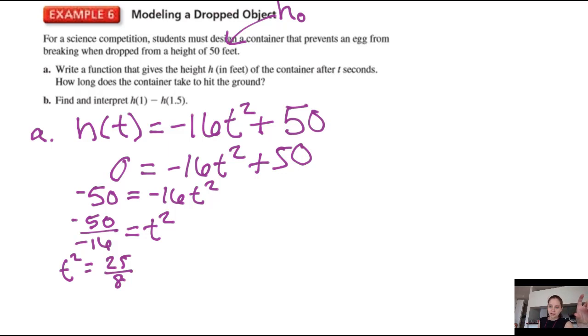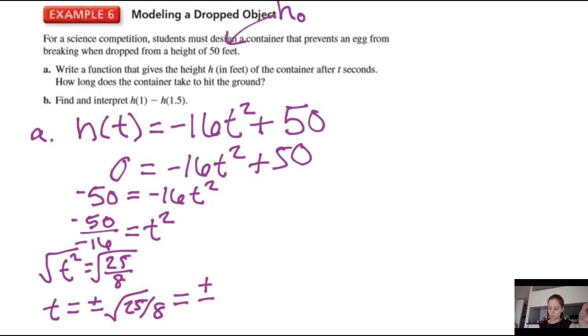I reduce that fraction, and then I take the square root of both sides, and I get that t is equal to plus or minus the square root of 25 divided by 8. At this point, I can plug this into my calculator, and I'll get that t is equal to plus or minus 1.8 seconds, approximately. I'm rounding there, so I'll put approximately.